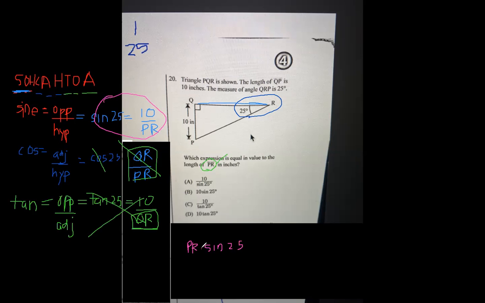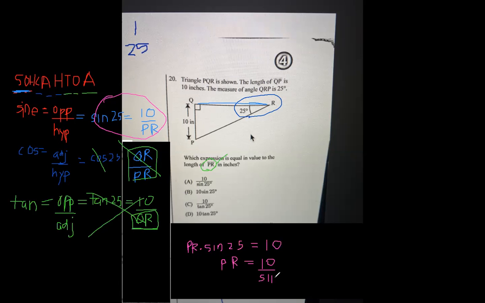It's the same thing because you're doing multiplication. You get PR times sine 25 is equal to 10. Then I'm going to divide both sides by sine 25. So PR is going to be 10 over the sine of 25. And if you see from our answer choices, A would be the answer.